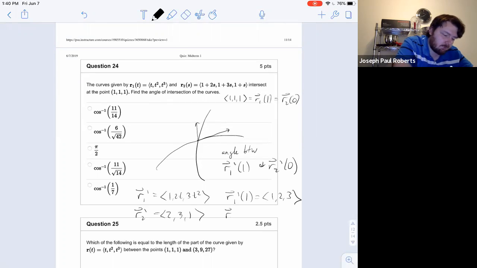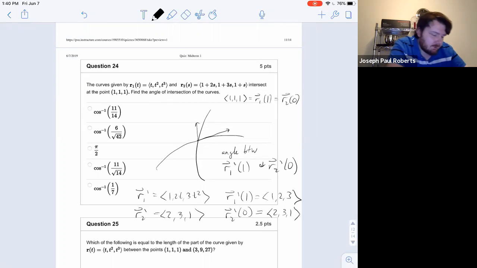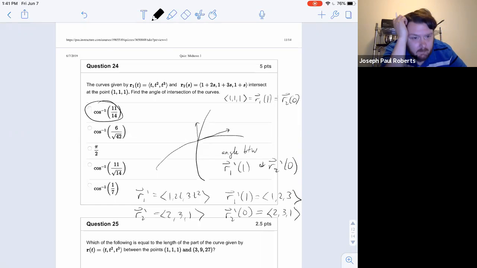Well, so R2 prime of 0, nothing too exciting happens when we plug that in. And so, yeah, we got to find the angle between those vectors. You do the dot product, which is what? 2 plus 6 plus 3 is 11 over the product of the lengths. They're both square root 14 as the length. And so, yeah, find the angle between those two vectors, just like you did earlier on this test. And you get that.